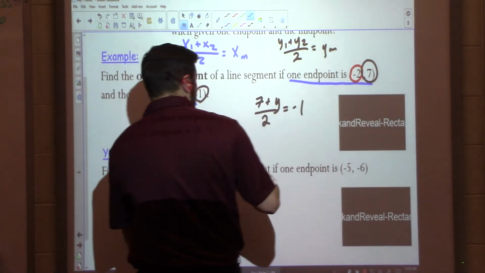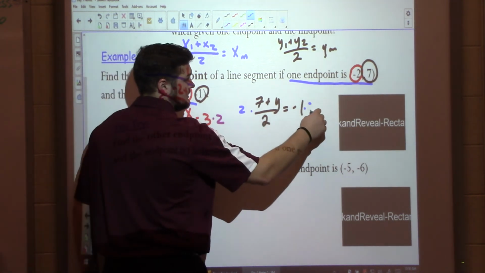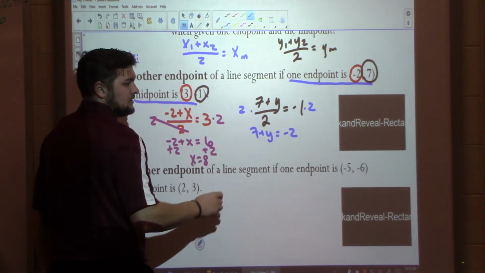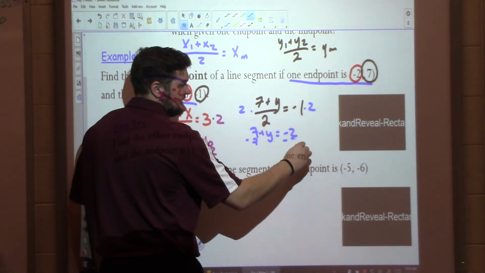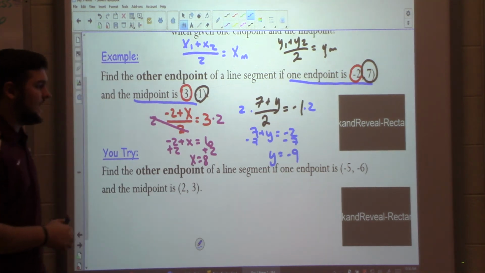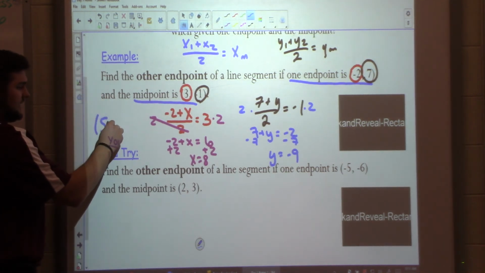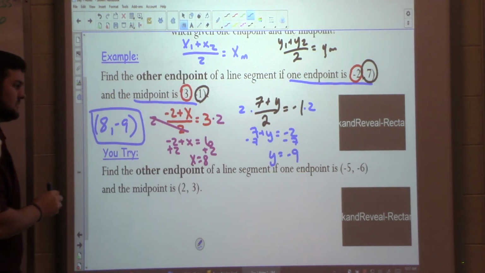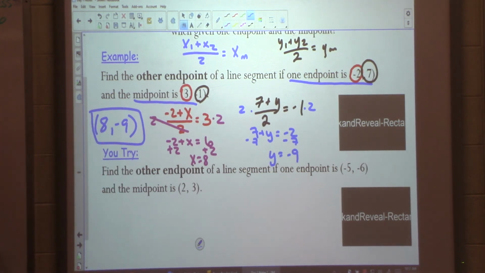So I can multiply by 2, 7 plus y equals negative 2. I can subtract 7, y equals negative 9, and I have my other endpoint. It's at 8, comma, negative 9. Does that make sense?